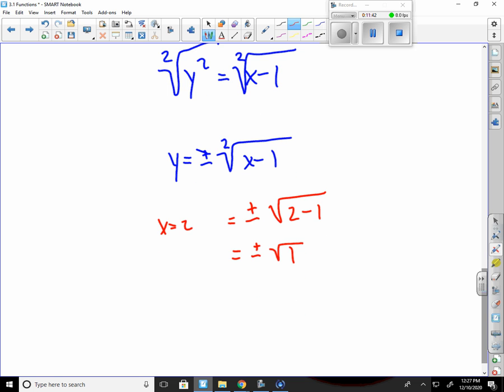And the square root of 1 is 1. So that gives me plus or minus 1, which means I have two solutions, positive 1 and negative 1. Since there's more than one solution, this would not be a function.